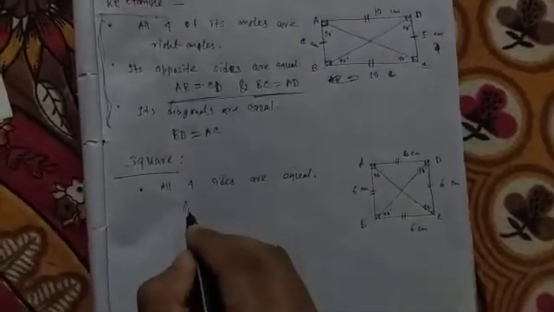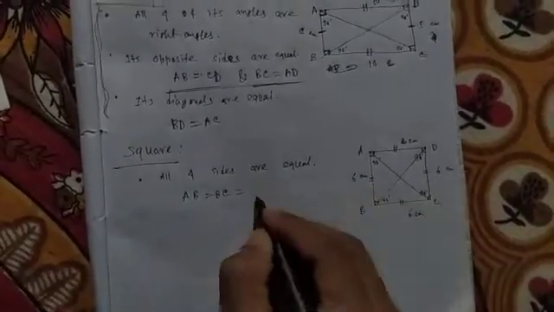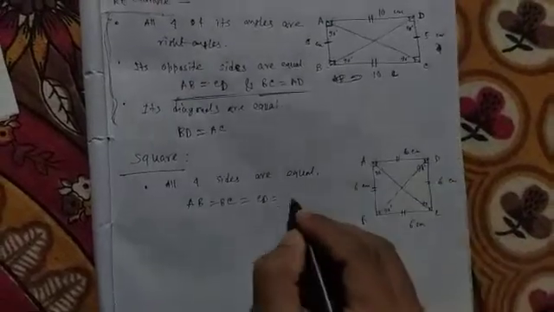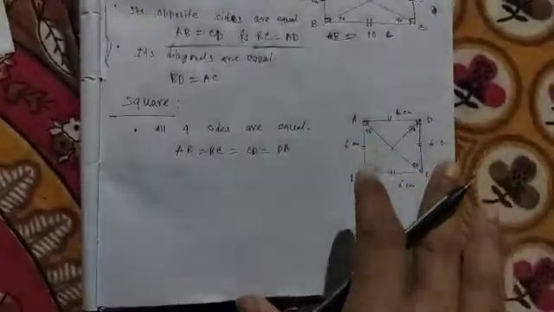That means AB is equals to BC is equals to CD is equals to DA. If any one of the four sides is not equal, then that will be a quadrilateral, but not a square.